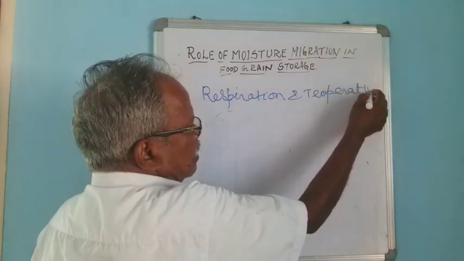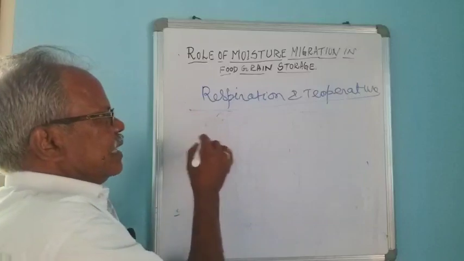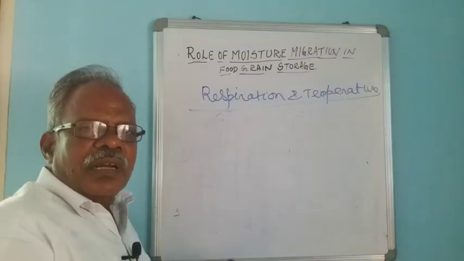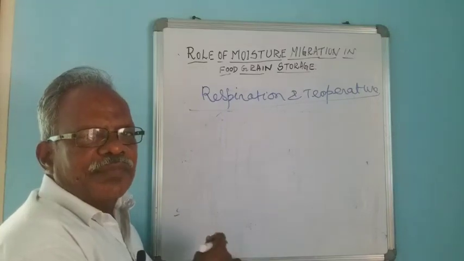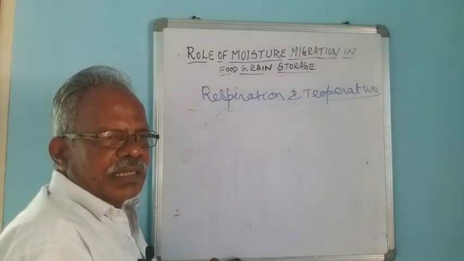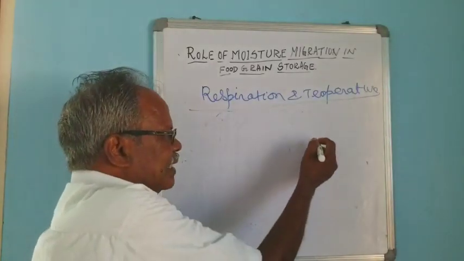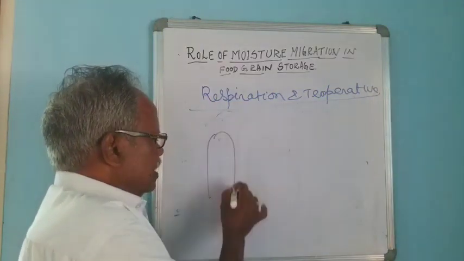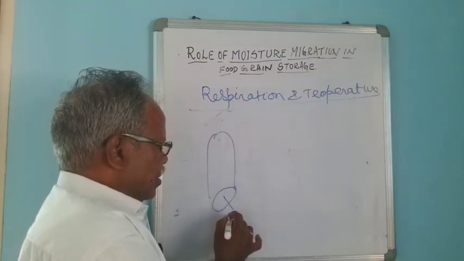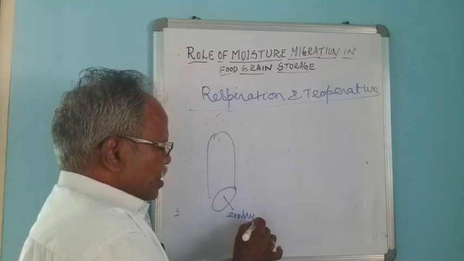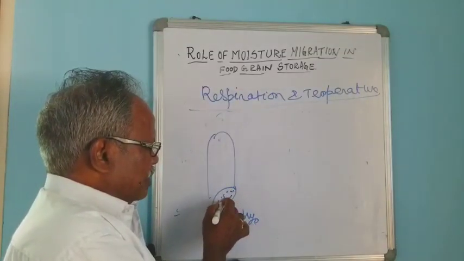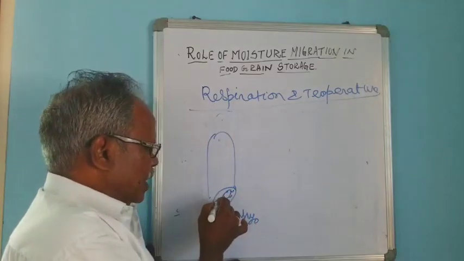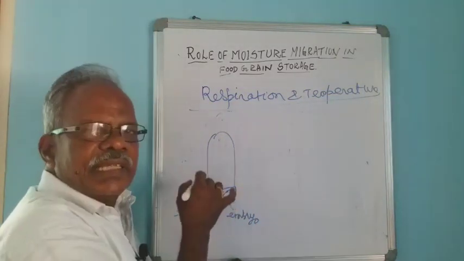When the unprocessed food, or the wheat, undergoes respiration, because it is a living material. In the case of rice and wheat, since there is an embryo, the shoot is there, the root is there, everything is there.